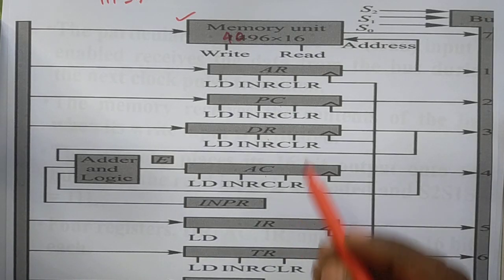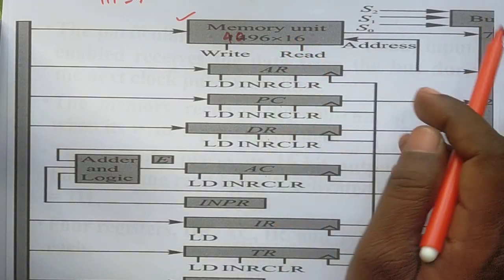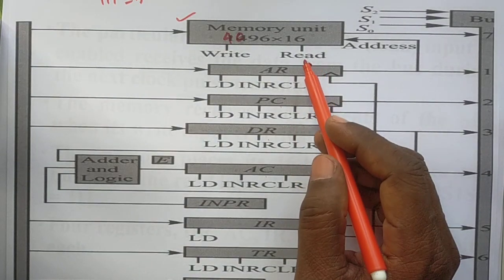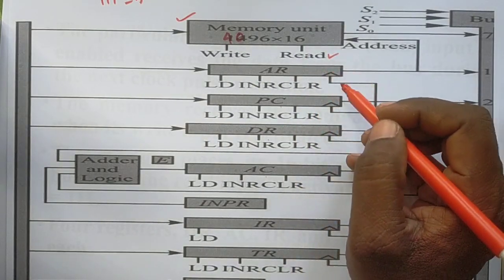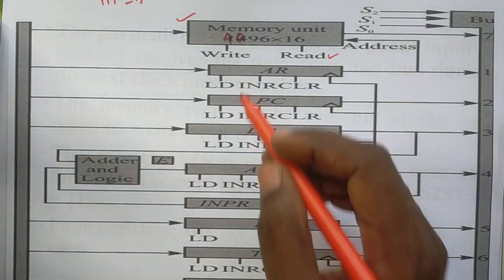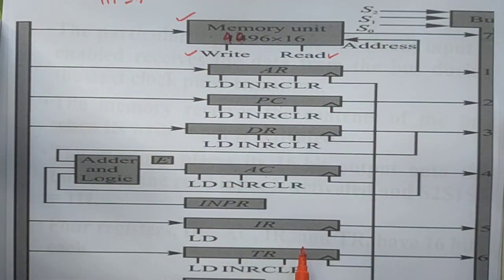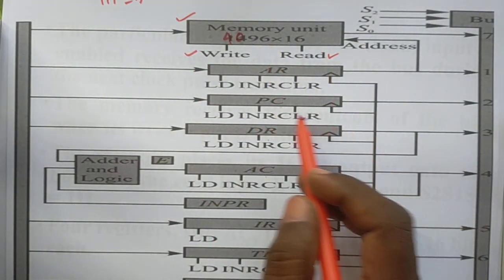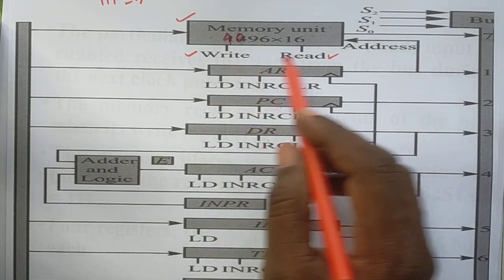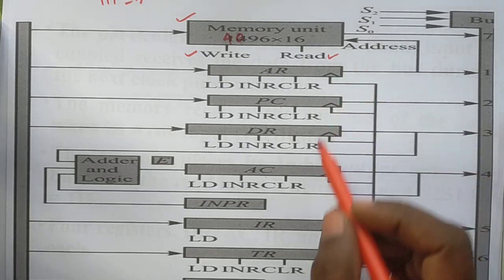When data is read from memory, that is data transfer from memory to a register, suppose you want to read something, then you use a read operation. Okay, when data is entered or written into the memory, then we use a write operation. For that reason, any memory has two operations, one is a write operation, another is a read operation. So this is the basic concept.